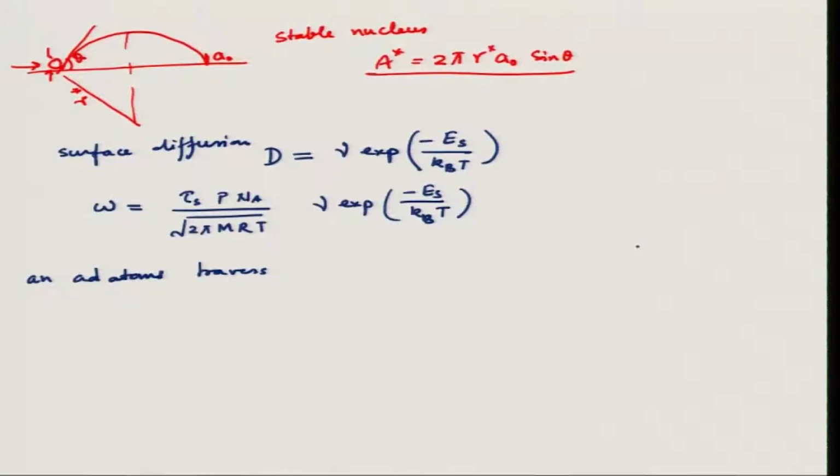So, the distance it will travel in that time by surface diffusion can be given as x equal to square root of 2 Ds tau s, where Ds is the surface diffusivity.